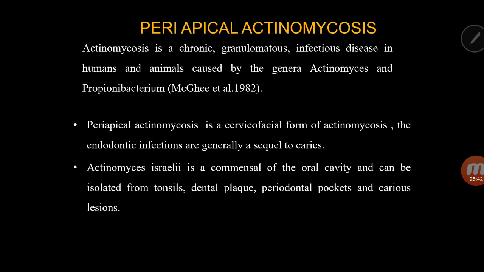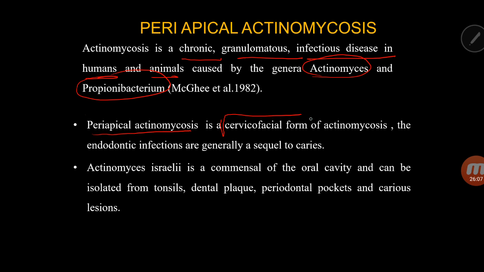In such cases, you need some histological findings to go for a diagnosis like periapical actinomycosis. As we know, periapical actinomycosis is a chronic granulomatous infection in humans and animals caused by these two bacteria, and this periapical actinomycosis is a form of the cervicofacial form of actinomycosis, and that is a sequela of dental caries.